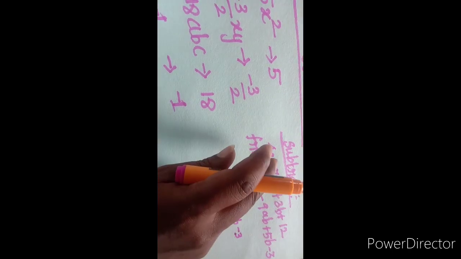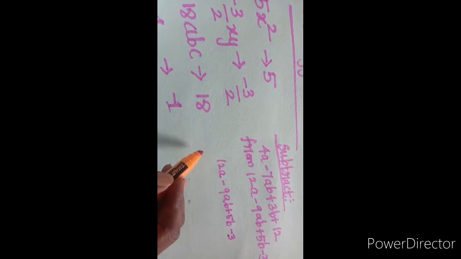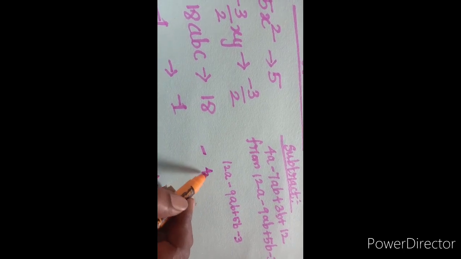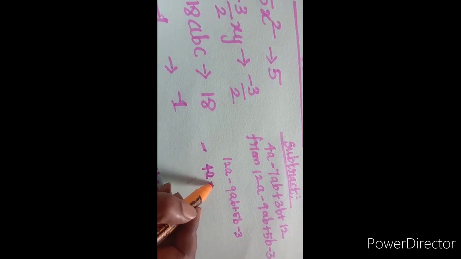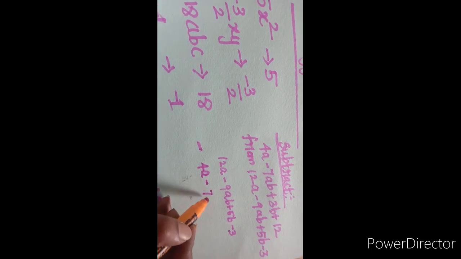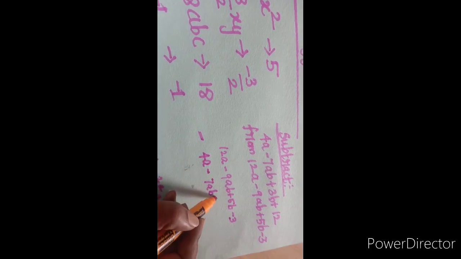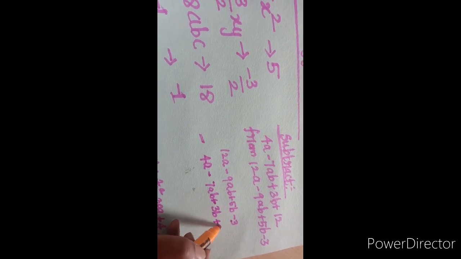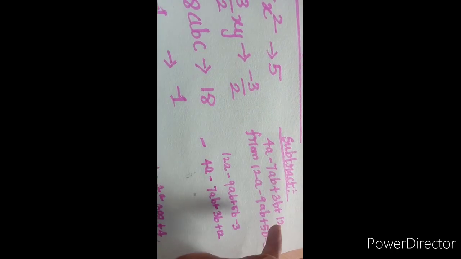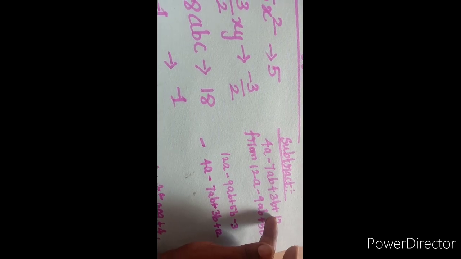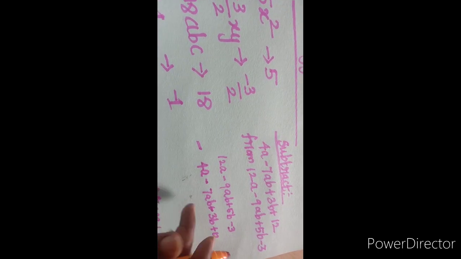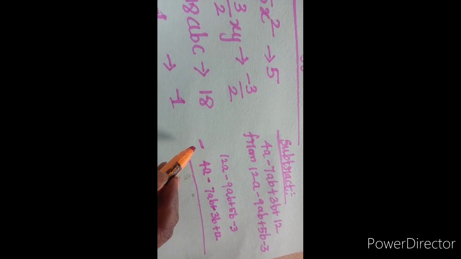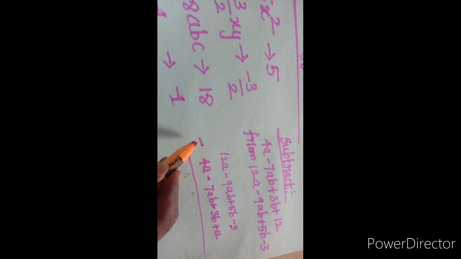Next you can write the first expression, put the subtraction symbol. 4a according to the like terms, 4a minus 7ab plus 3b plus 12. Whatever expression they have given, write it next with the symbol, put the line. So we are going to subtract, so you put the subtraction symbol.